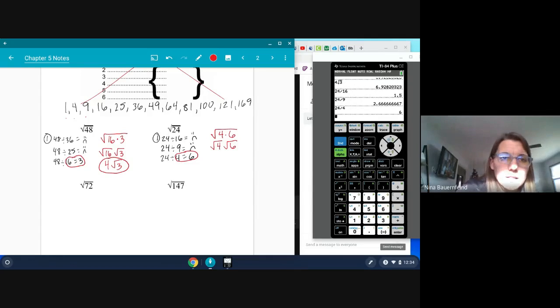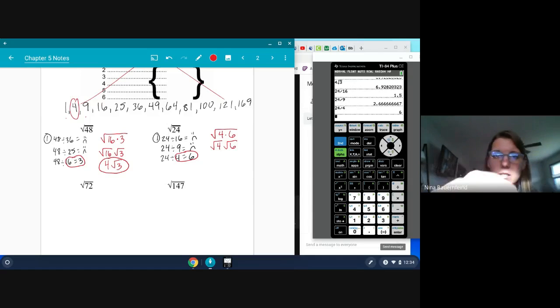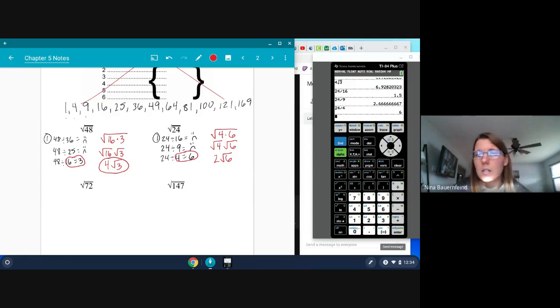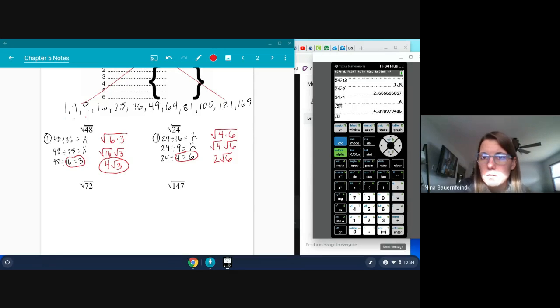Again, this is the second number in the list, so that means it is 2. Square root 6. And then we can check square root 24 is this. 2 square root 6. Same thing, so we're good.